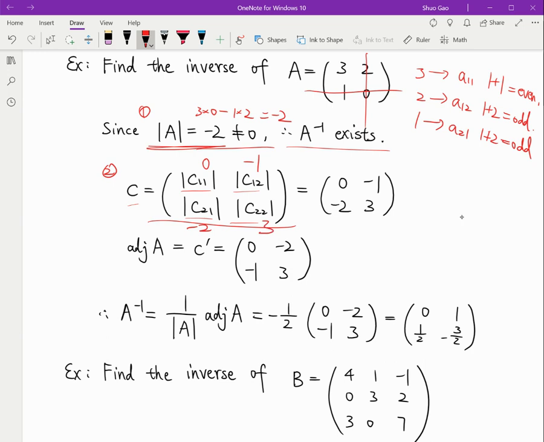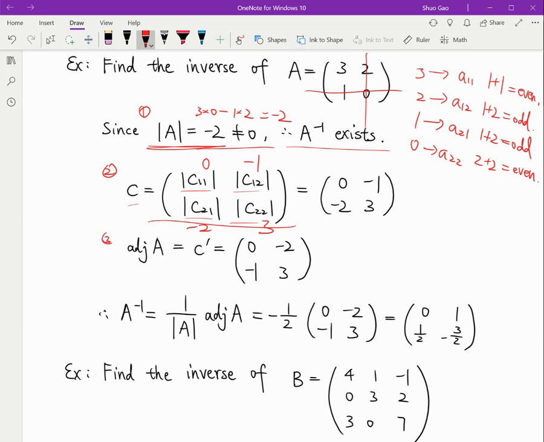The 0 is A22, and 2 plus 2 is even, so there's no minus sign before 3. So the C matrix should be 0, minus 1, minus 2, and 3. This is step 2. We find all the cofactors of the elements of A.